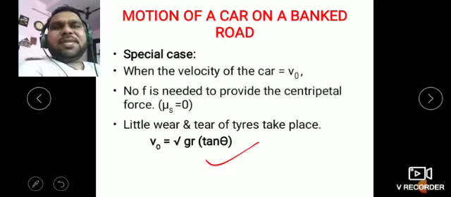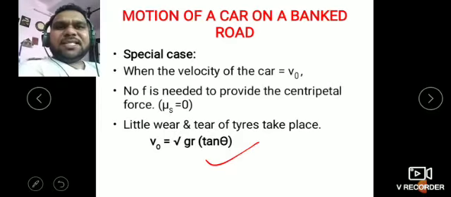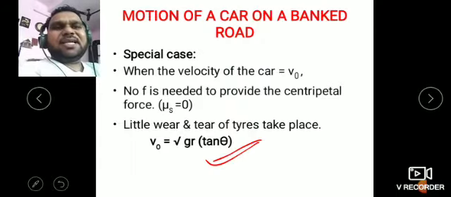So what does it mean? It means in case we don't involve friction force to provide the centripetal force, what is the maximum possible speed with which the car can travel? That speed is under root g r tan theta.